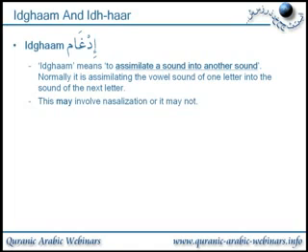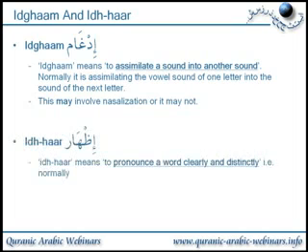So idgham can sometimes be done with ghunna and sometimes without. Idhar means to pronounce a word clearly and distinctly, i.e. normally. So when we apply this idhar to our recitation in certain circumstances, it means we're just reciting it as normal, clearly and distinct.